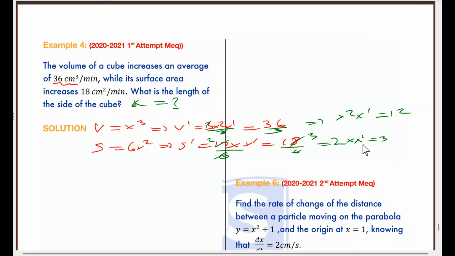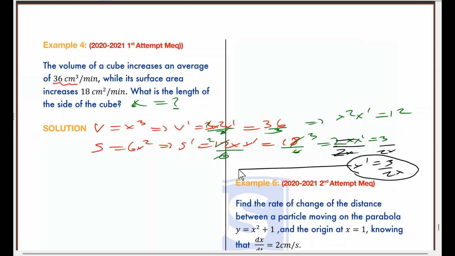Which one is easier to isolate? Let's use this one. Divide both sides by 2x. So x prime is equal to 3 over 2x. Now take this 3 over 2x, put it back in the volume formula. So v prime was x squared x prime equals 12.